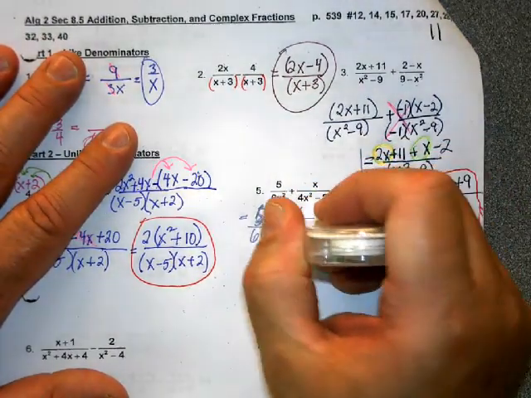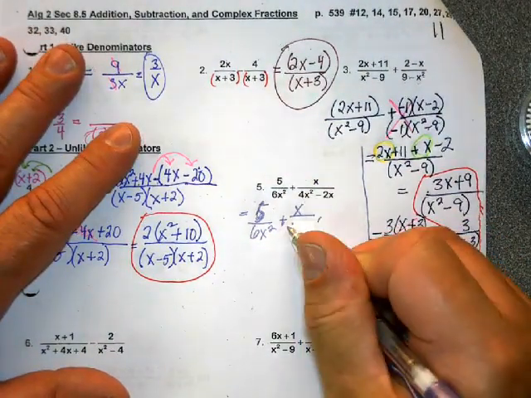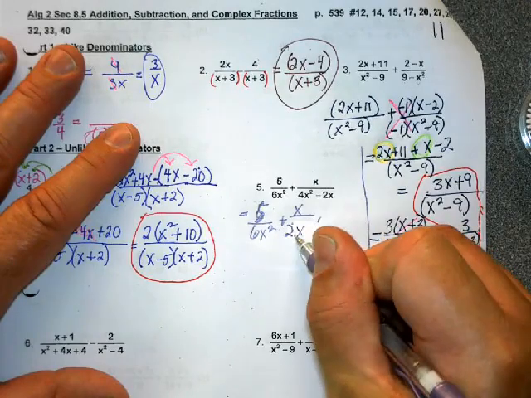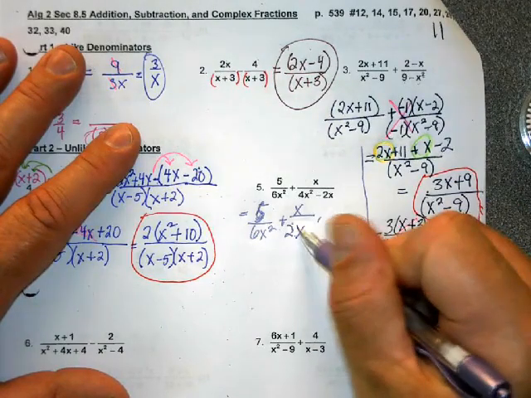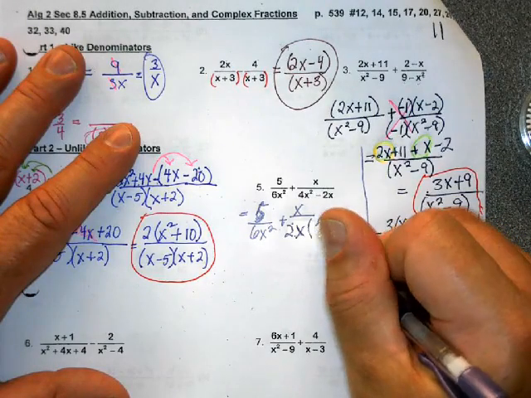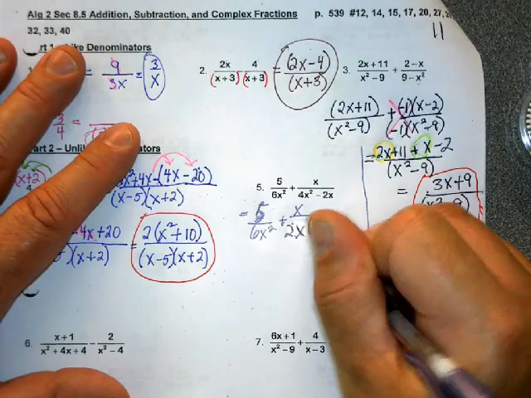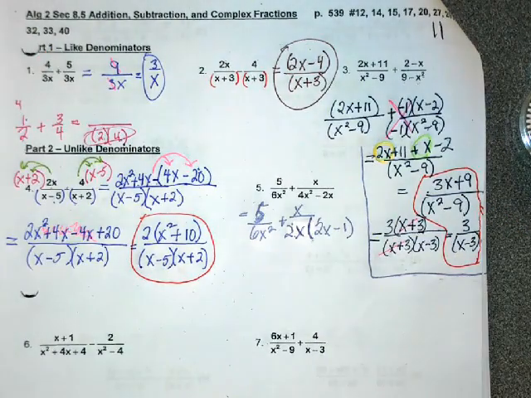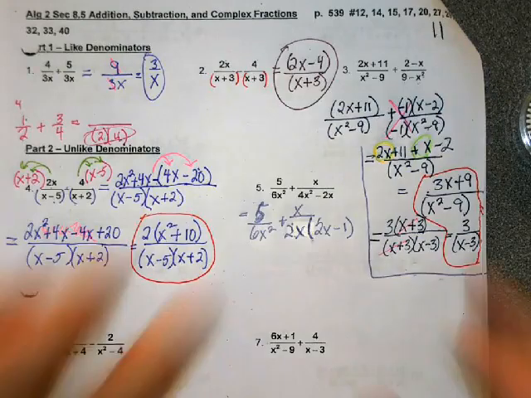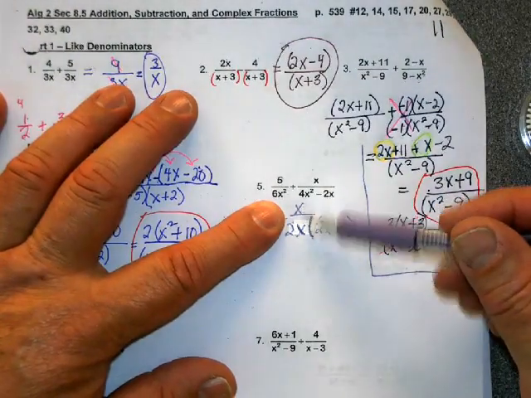Okay, so I need to take out a 2x here, right? And that leaves me with a 2x minus 1. I can reduce this fraction. I can actually take out an x, right?